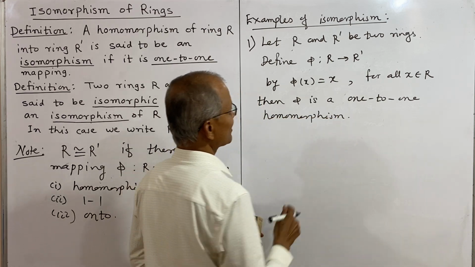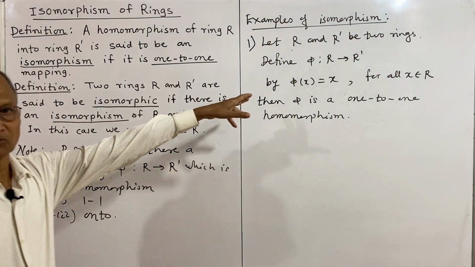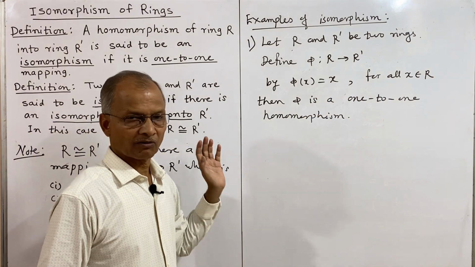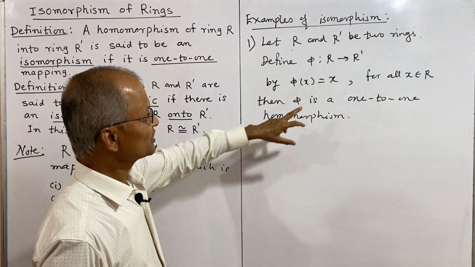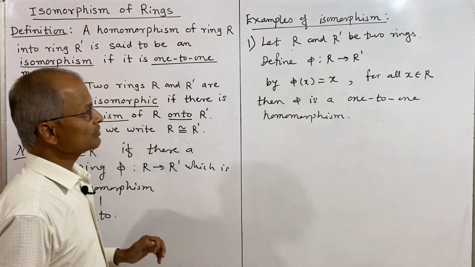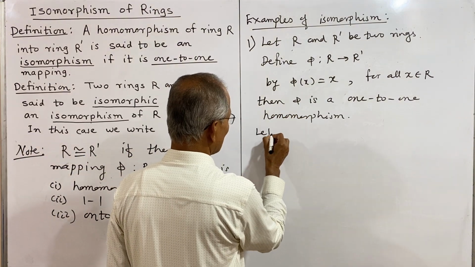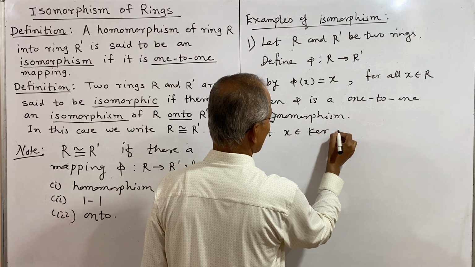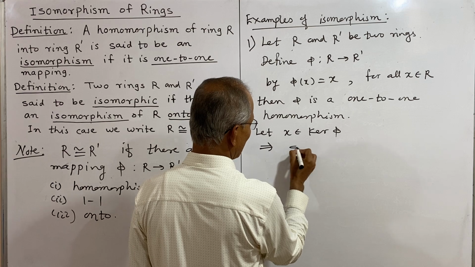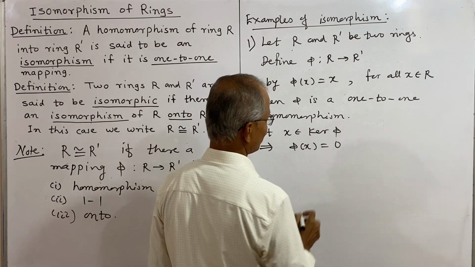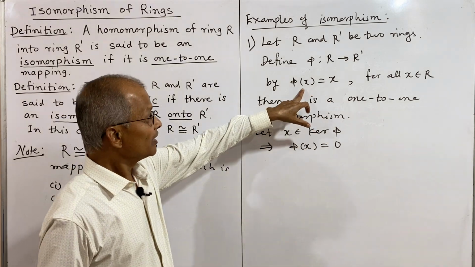Because it satisfies the structure preserving properties, phi of x plus y is equal to phi of x plus phi of y, and phi of x into y is equal to phi of x into phi of y, and this is 1 to 1 because you see the kernel of this. Let x belong to kernel phi, and then this implies phi of x is equal to 0. But what is the 0? 0 is the image of 0.